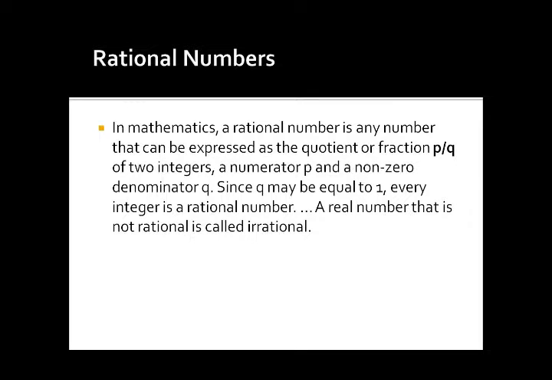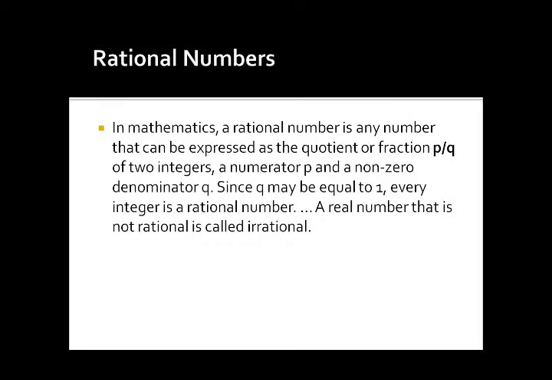Don't be confused, because 3 over 19 is a fraction, but it is not rational. It is irrational, because there is no exact value for representing this fraction as a decimal. So rational numbers, we know the difference between it now.